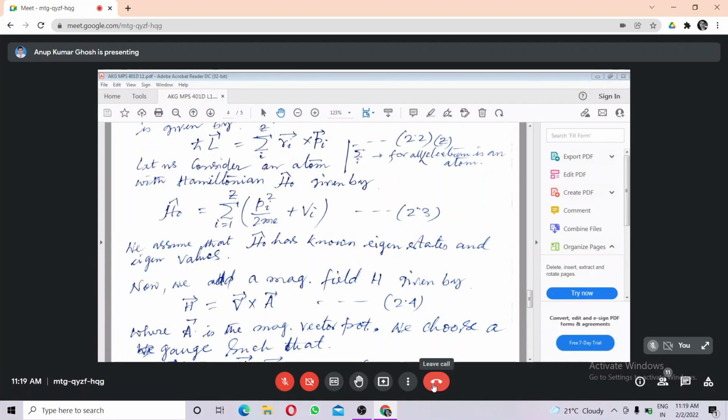Probably I already have it. Whatever the communication, if you require, then send me an email. Not to the official one, akghosh@bhu.ac, because a lot of mails from the department come there.